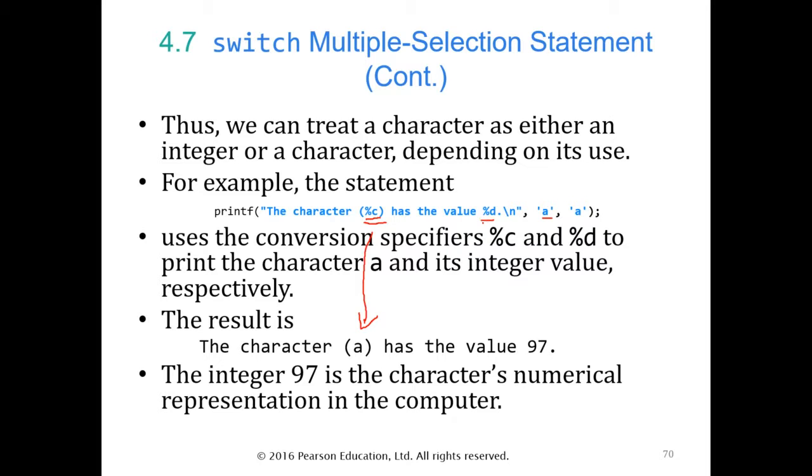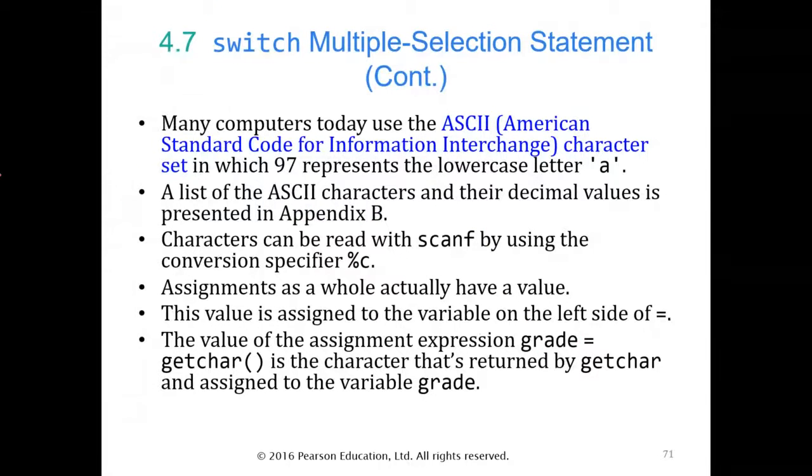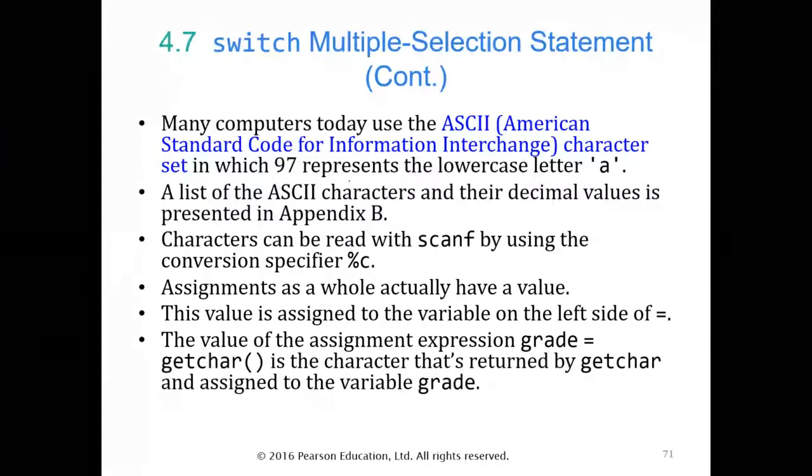But if you represent that with %d, as an integer, it will appear here as 97. Basically, if you convert this character into an integer, then its integer value is actually 97. And this represents things in the ASCII table.